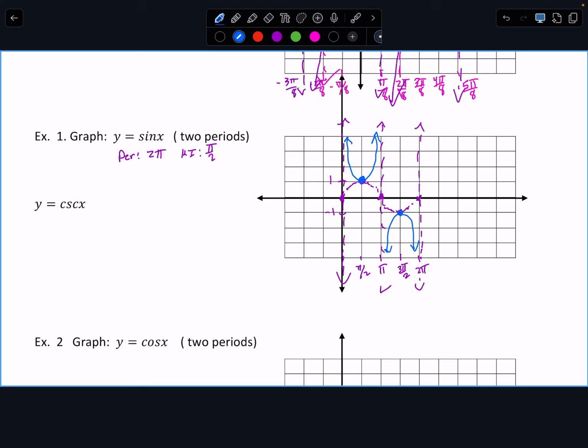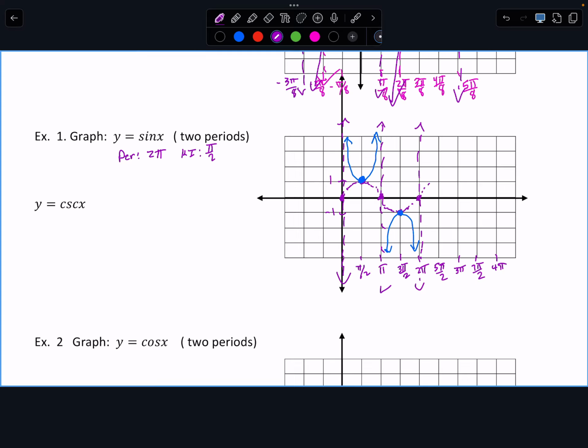And that is one graph. And then we just repeat that pattern. So we have 5 pi halves, 3 pi, 7 pi halves, and 8 pi halves, which is 4 pi.